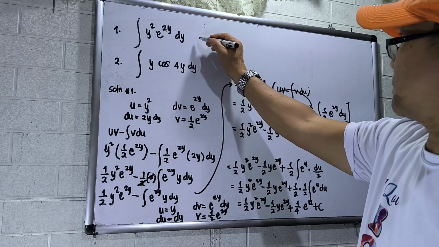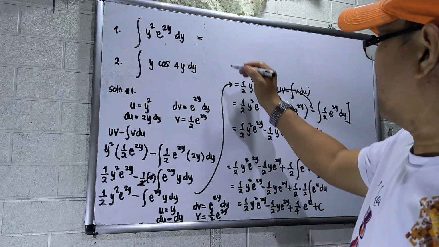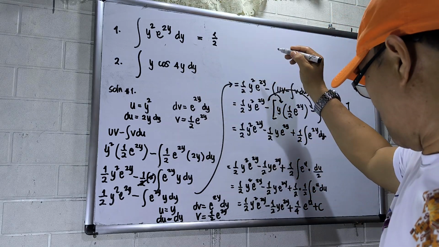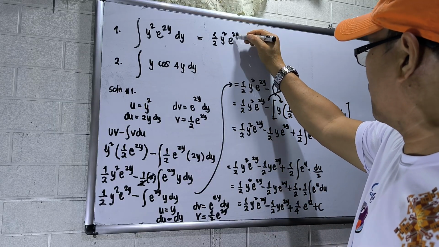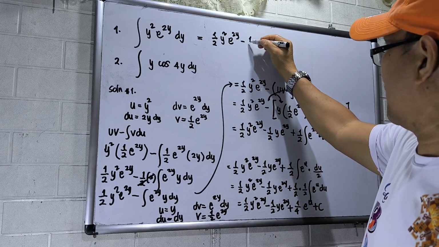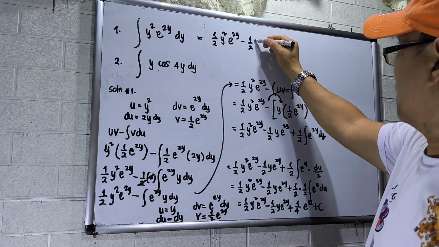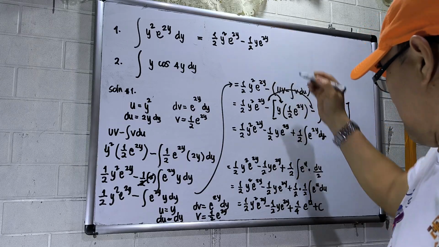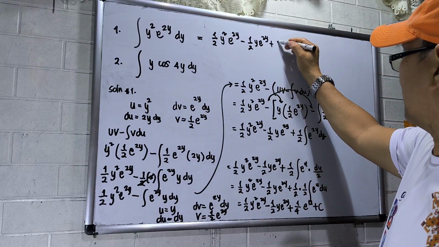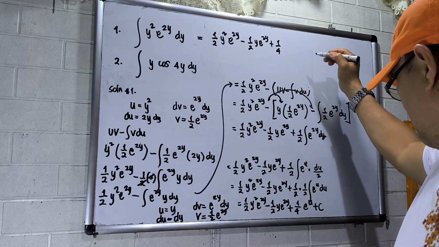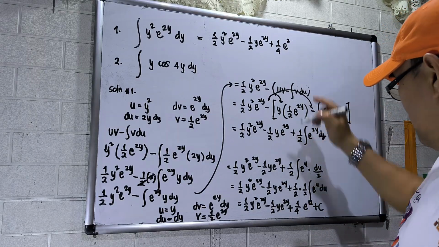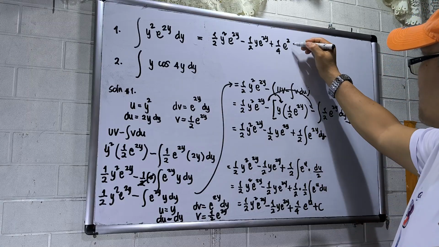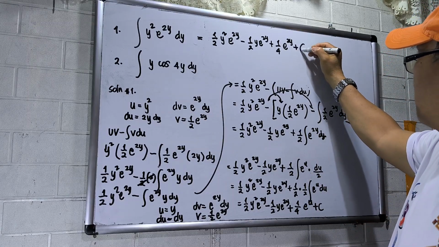So this will be 1 over 2 y squared e to the 2y minus 1 over 2 y e to the 2y, then plus 1 over 4 e to the 2y. U is 2y, so this will be 2y, and then plus c.